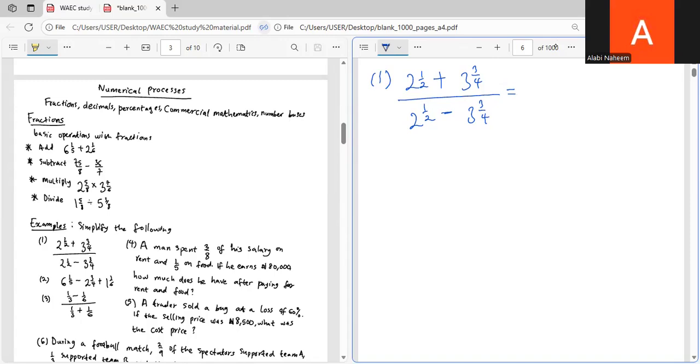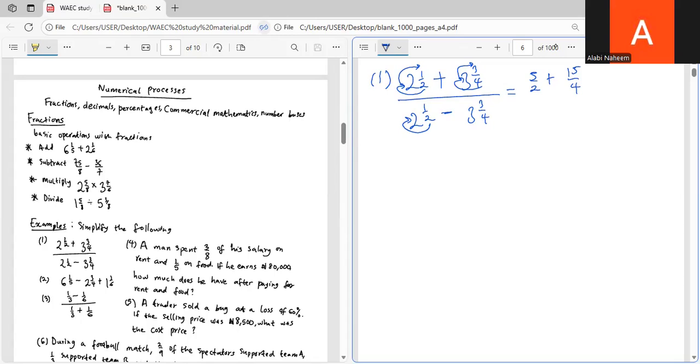Let's proceed. Here, what we have is 2 times 2, 4, plus 1, 5. 5 over 2 plus 4 times 3, 12, plus 3, 15. 15 over 4. So how we convert is that we multiply the denominator by the whole number. 2 times 2, 4.